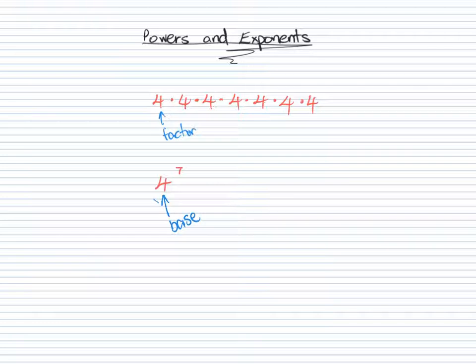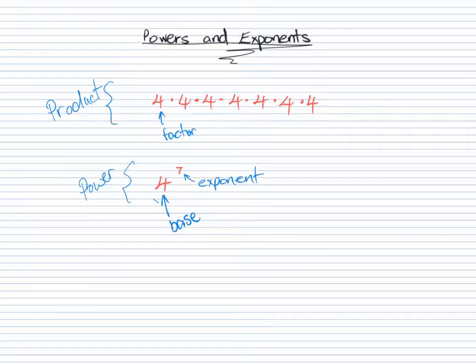And the number of times that we multiply the base by itself is called the exponent. So basically this lesson is all about being able to write numbers as either a power or as a product. We're supposed to be able to go from one to the other and back and forth.